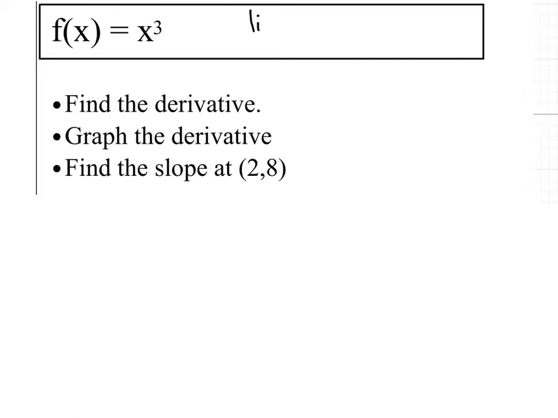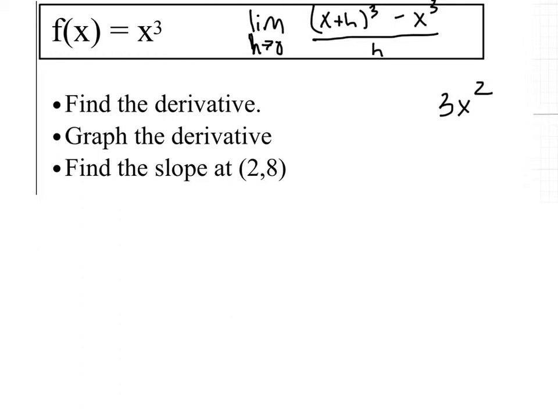You could do the limit as h approaches 0 of x plus h cubed minus x cubed all over h. The derivative is 3x squared. I'm going to write that over here, 3x squared.